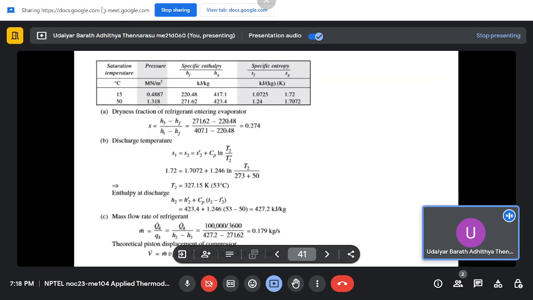Other relevant properties, the specific enthalpies for saturated vapor and saturated liquid conditions, the entropies, and the pressures are also given. So now using this we can find out the dryness fraction.